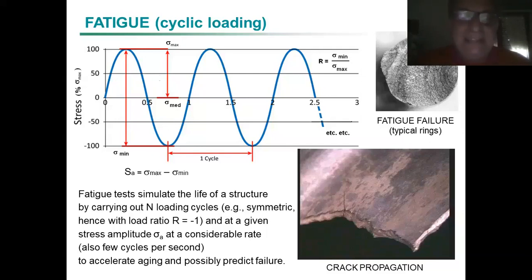Let's apply that to a wing of an aircraft, and you understand the problem. That's why they started studying fatigue a lot.